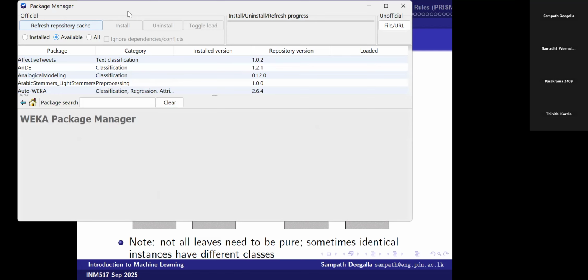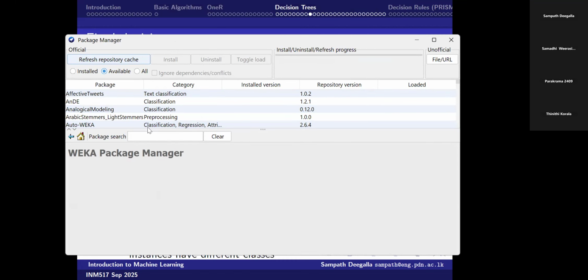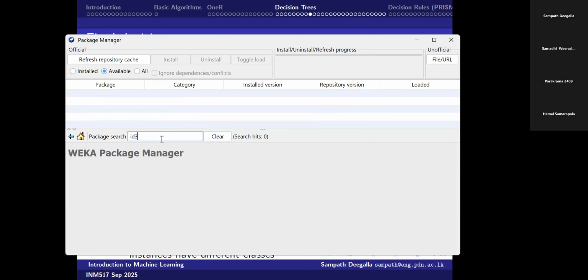Okay, so you will get some interface like this. Right, after you got this, type ID3. And then when you click ID3 and press enter, you should see it.